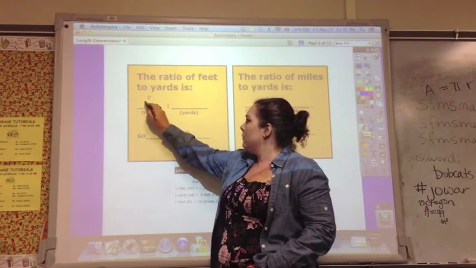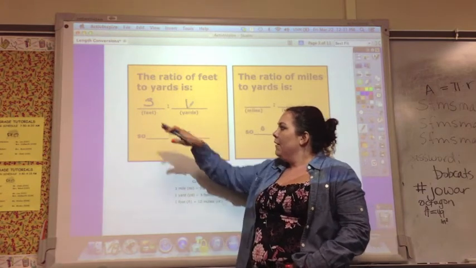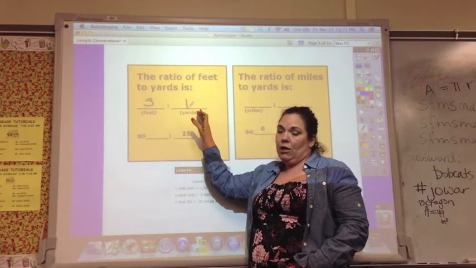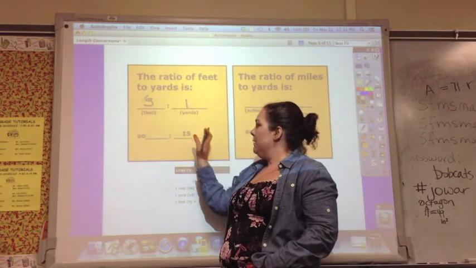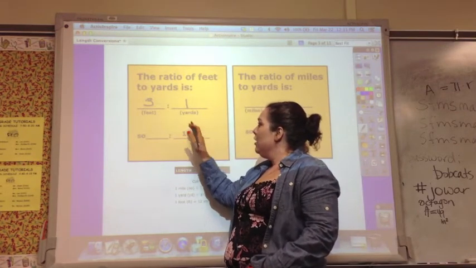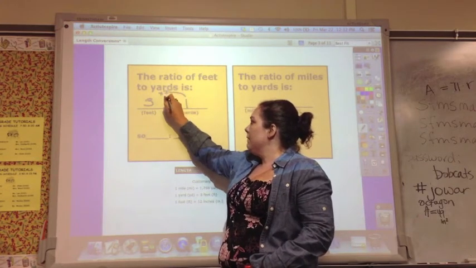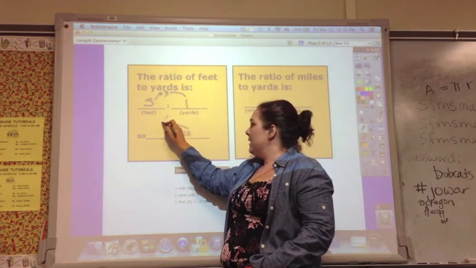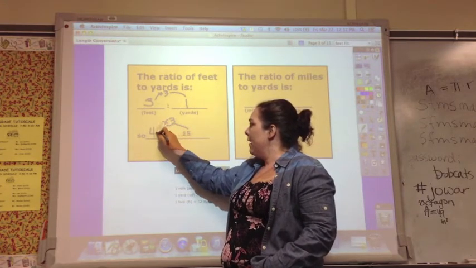So this is 3 feet, 1 yard. And how do I get from here to here? Let's look at it from here to here, because we have this information. So 1 yard, 3 feet. So this is times 3. And so this has to be times 3. And 15 times 3 is 45.